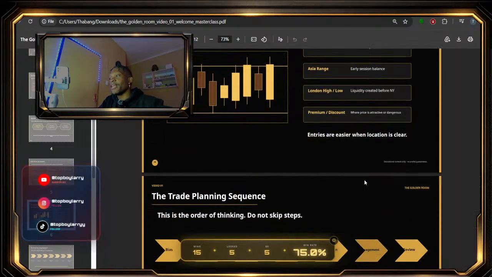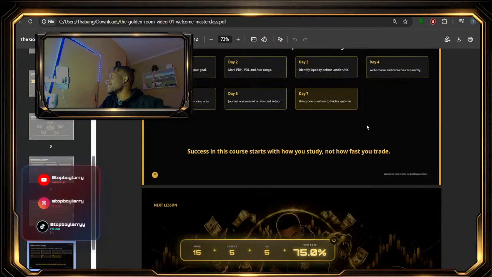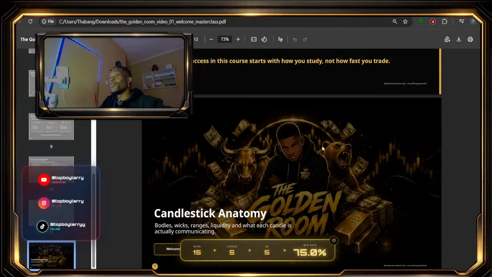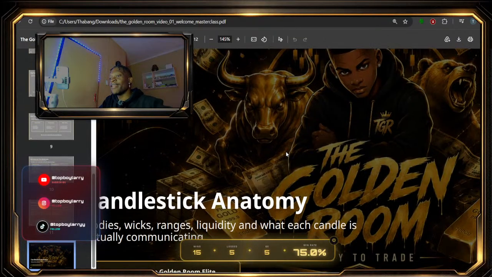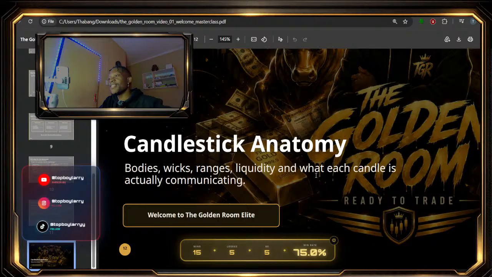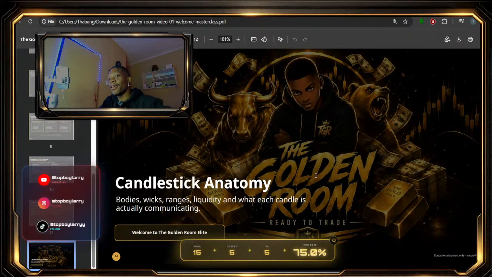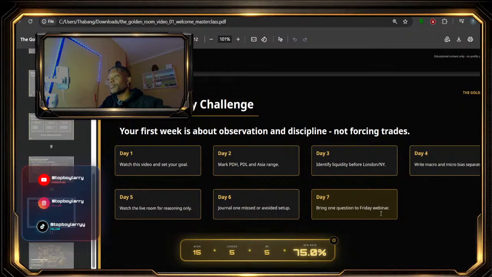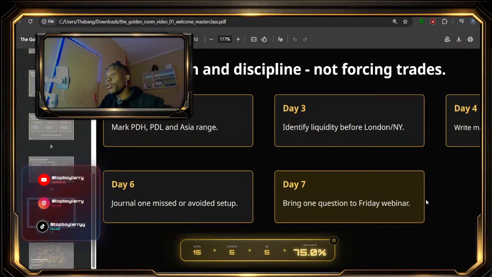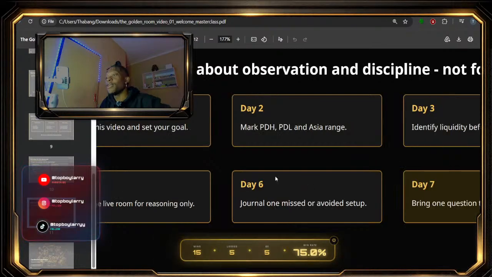This is everything in detail: the Golden Room access, candlestick anatomy, where we explain each and every single candlestick, and webinars on Friday, where all the professional traders meet together on a Zoom session and we explain each trade, how the trades should play out, how the moves are going to go.